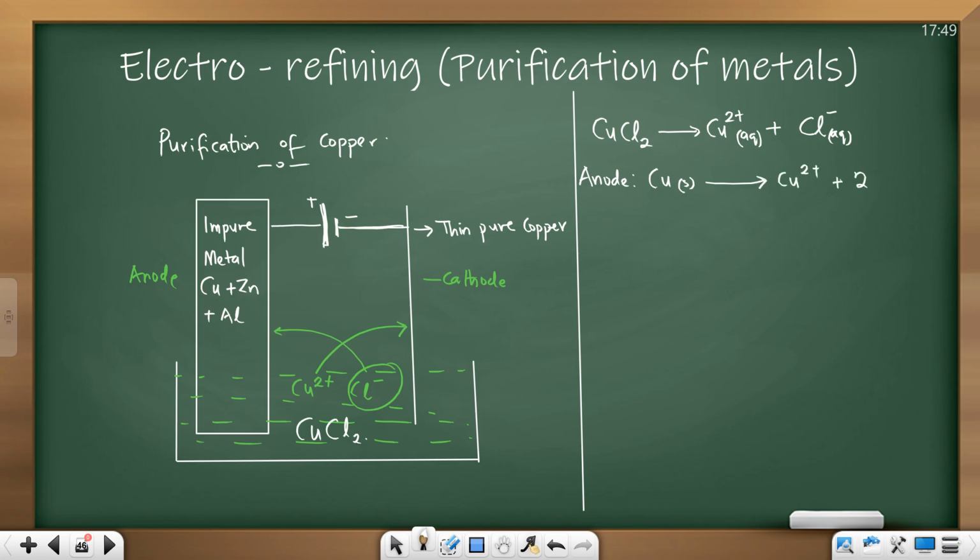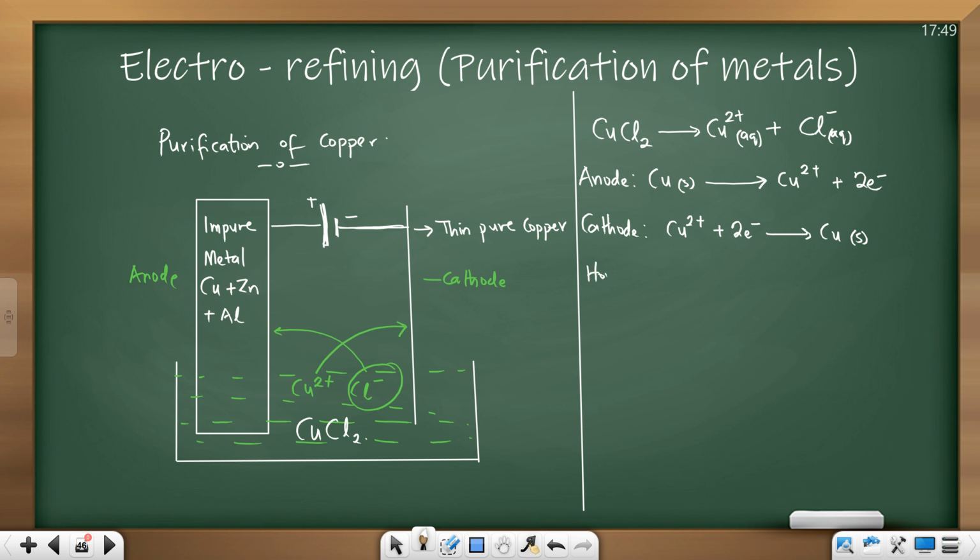Copper 2+. Basically, it's what we did on electroplating. At the cathode, what happens? The copper 2+ gains electrons and becomes copper solid. Basically, we've transferred the copper now. Are we good? So we are electroplating.